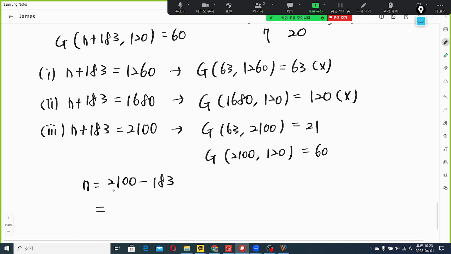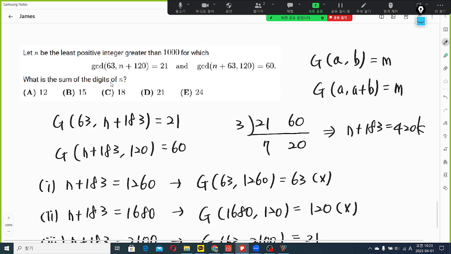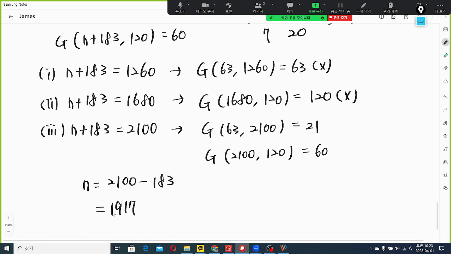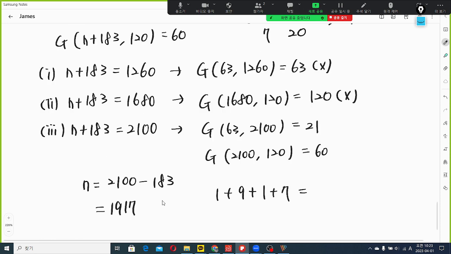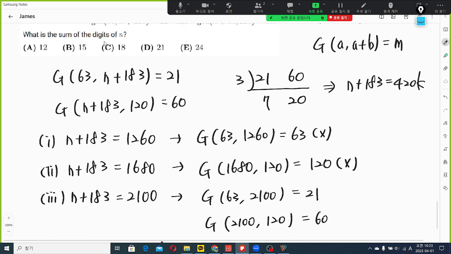Yeah, 1917. And finally, what's the sum of these digits? 1917. So when you add the digits, yep, the sum is 18. Yep, so C is the answer.